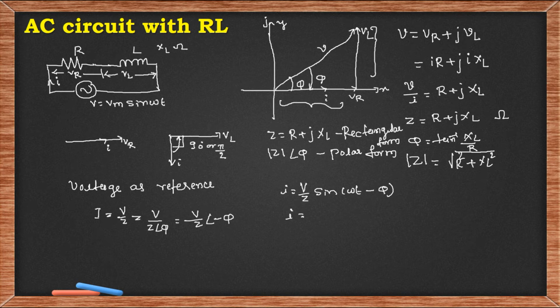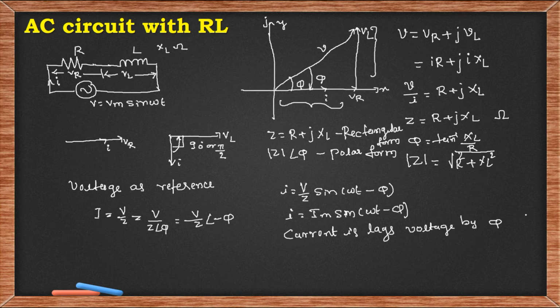or I is equal to Im sine omega t minus pi. So from this, what you can say is, in case of an RL circuit, the current lags the voltage by pi degree.